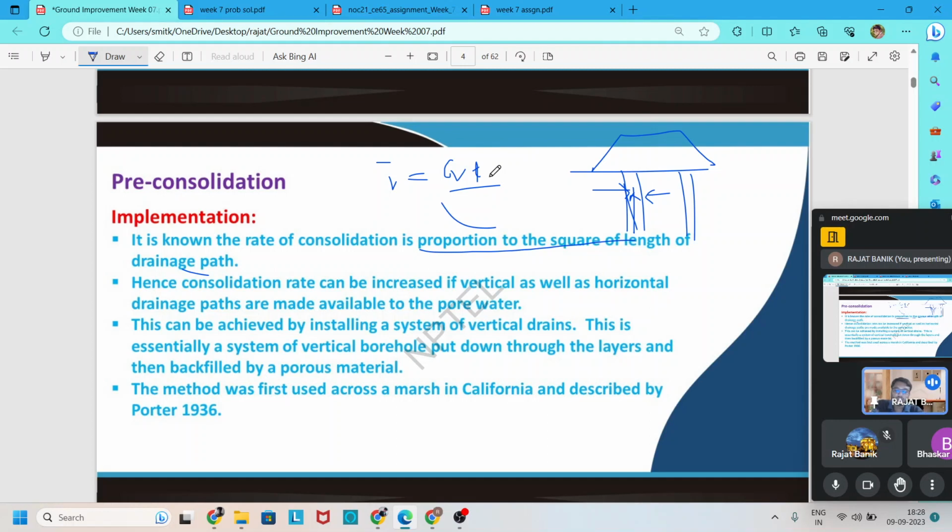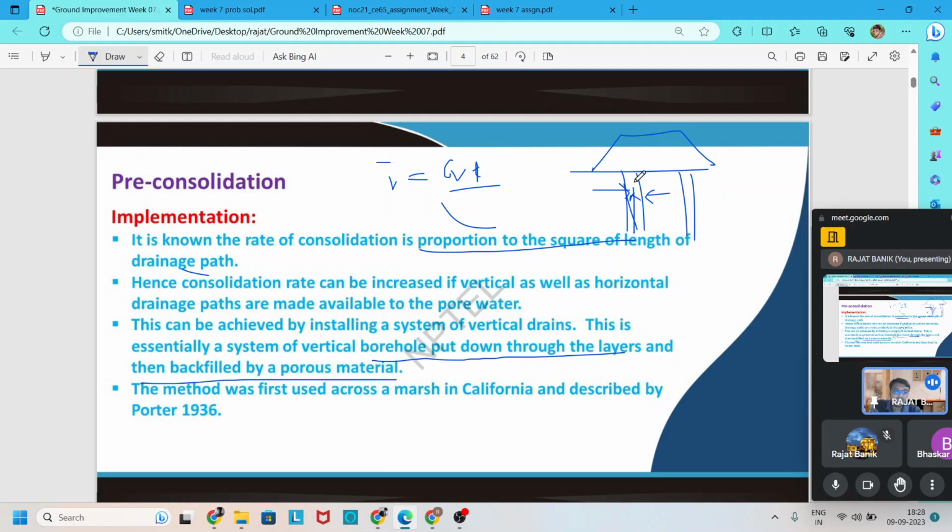So in the third point, it is said, we already discussed that this rate of consolidation is increased by this vertical drain, and this is essentially a system of vertical boreholes put down through the layers and then backfilled with a porous material.